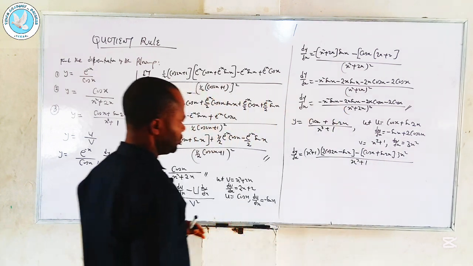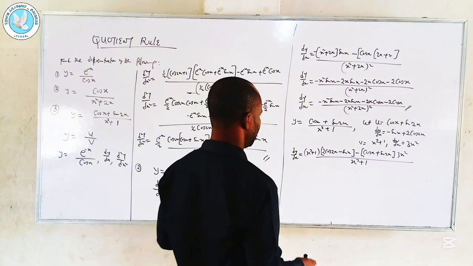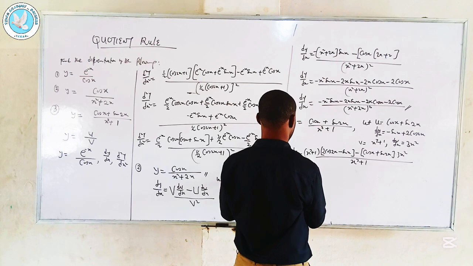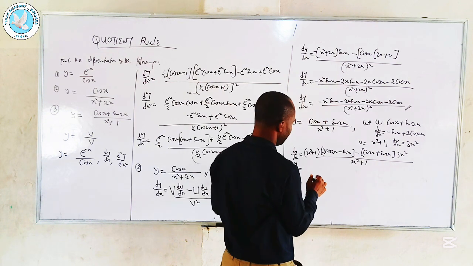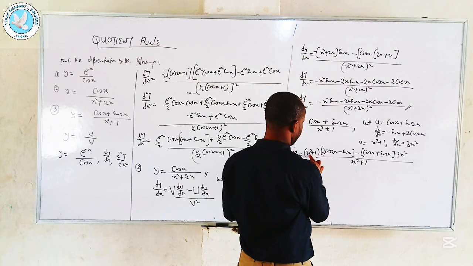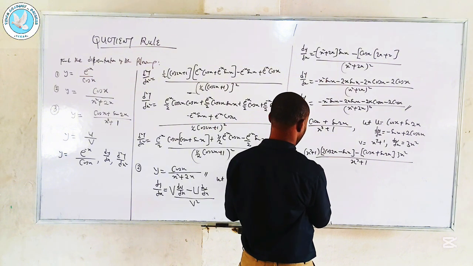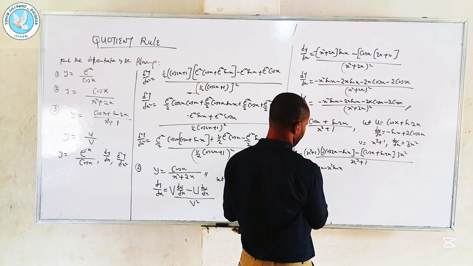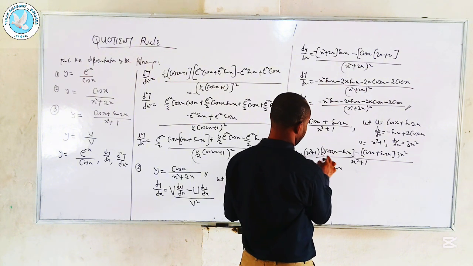So at this point we can actually see how we can reduce the complexity of the expression. So this times this is giving us 2 cos 2x and also minus this, and this times this and this times this.